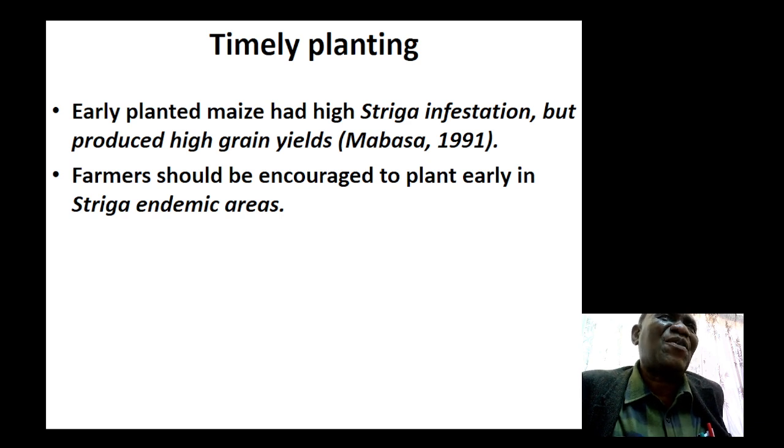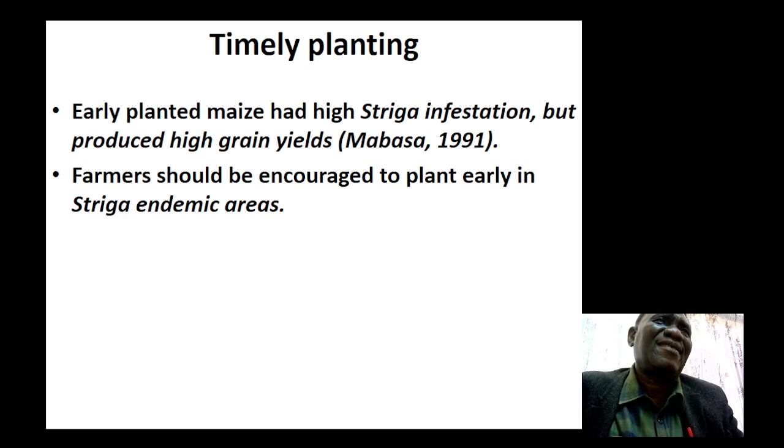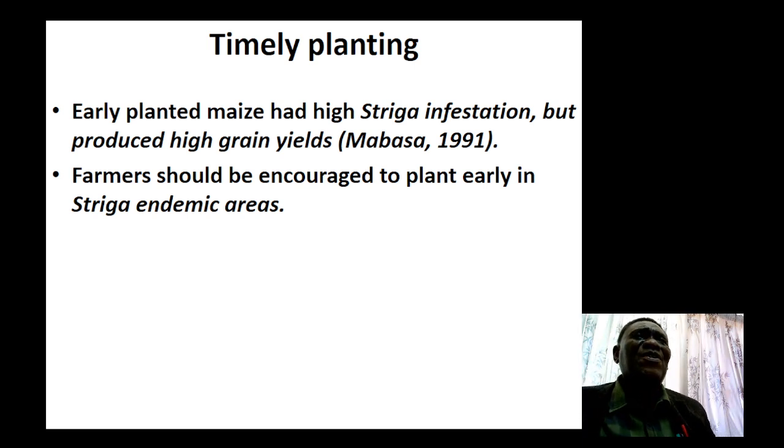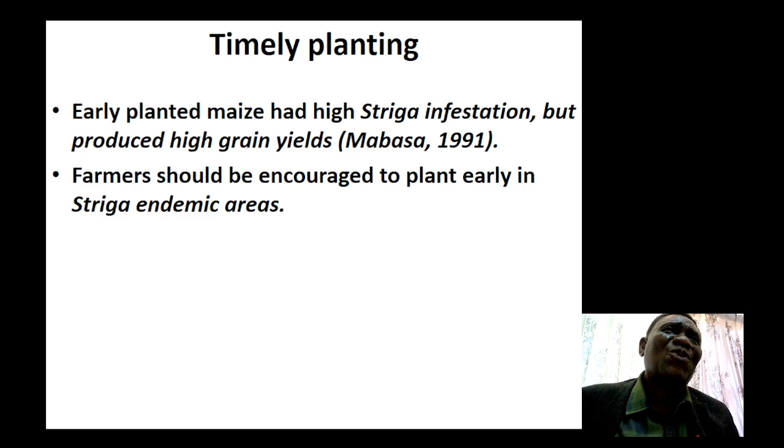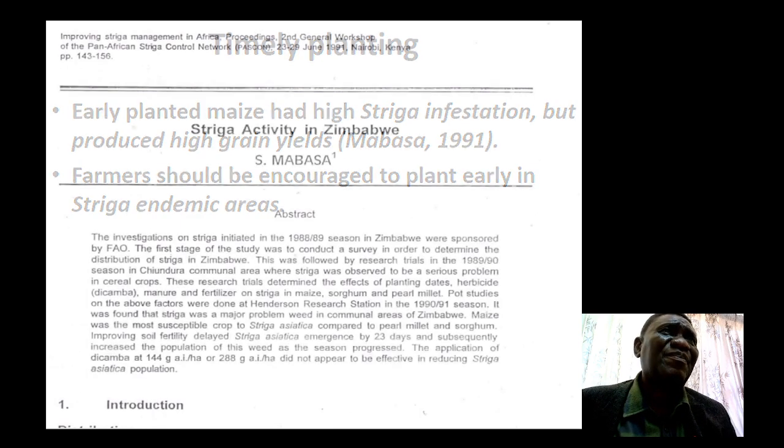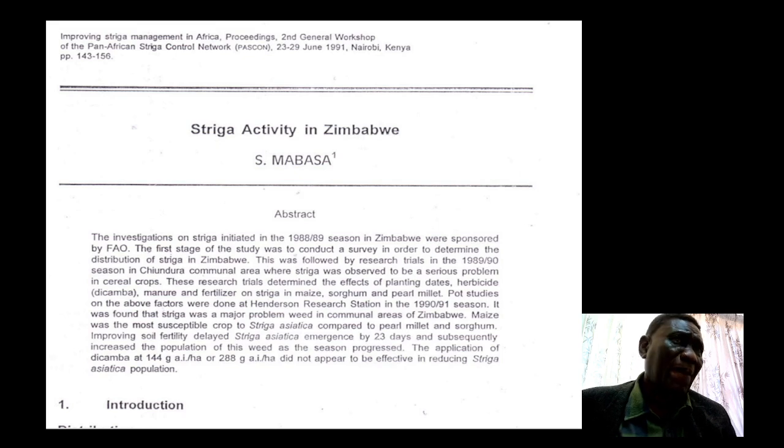So we still recommend that farmers should plant early in the striga endemic areas so that their maize may tolerate the striga infection. But of course, they may need to come in with the supportive hand weeding or pulling to remove the striga plants. If you are interested, I may supply you with this paper.